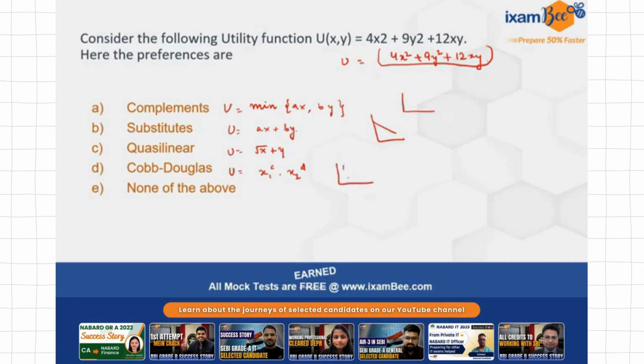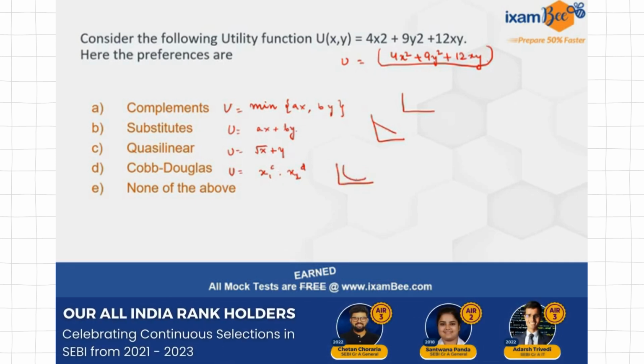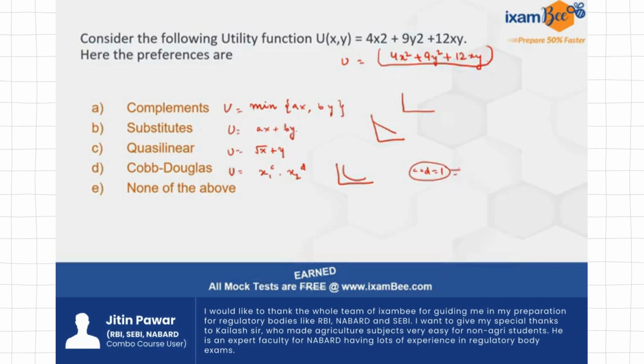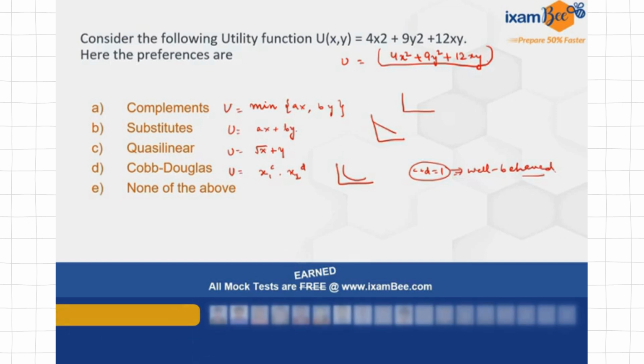So indifference curves are convex, but the values of c and d will determine how the curvature of the ICs look like. If c plus d is equal to 1, then we say that these are well-behaved preferences, which are a special kind of Cobb-Douglas preferences. And these are some common kinds of preferences and utility functions that we generally see, right?